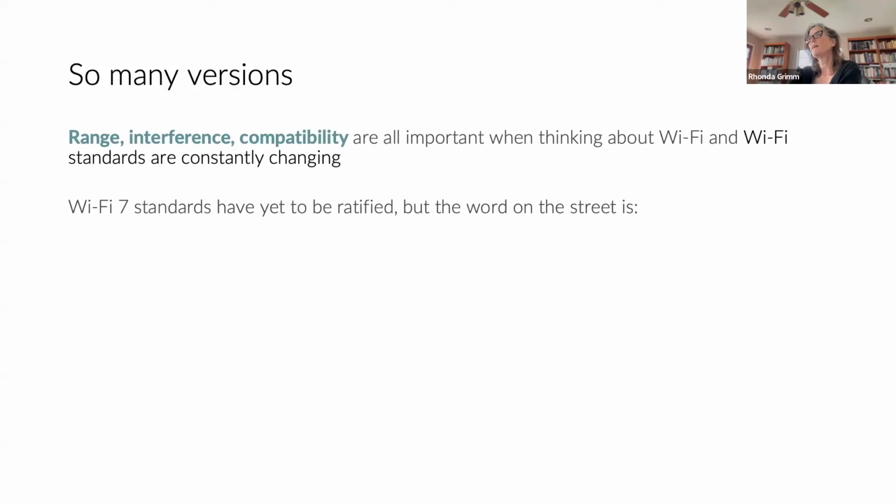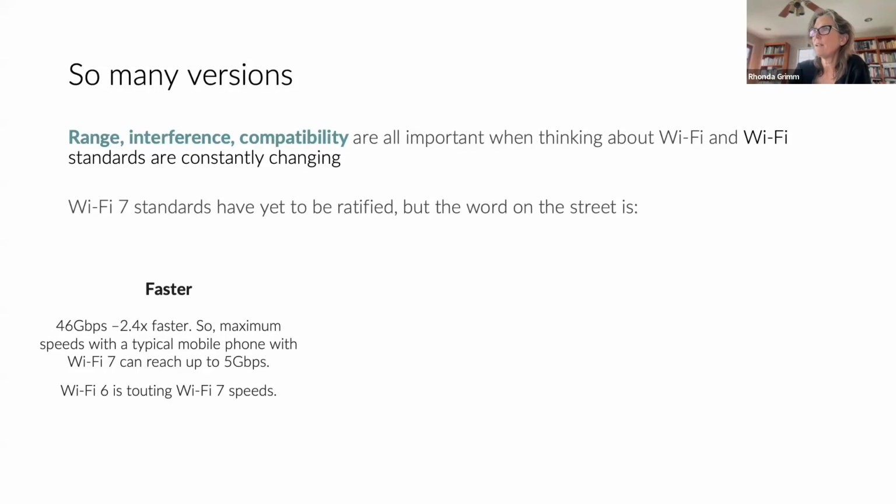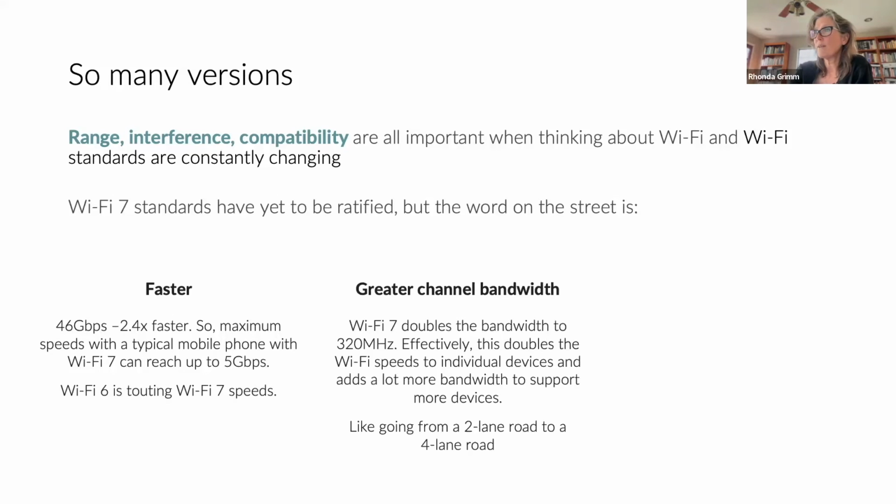And you've heard Wi-Fi 7 is coming. The standards have not been ratified yet, but the word on the street is it's very, very fast. Sometimes I think Wi-Fi 7 actually rivals a lot of the wired speeds that you'll get from your internet provider. You've got greater channel bandwidth, so not only is it faster, it's like going from a 2-lane road to a 4-lane road.